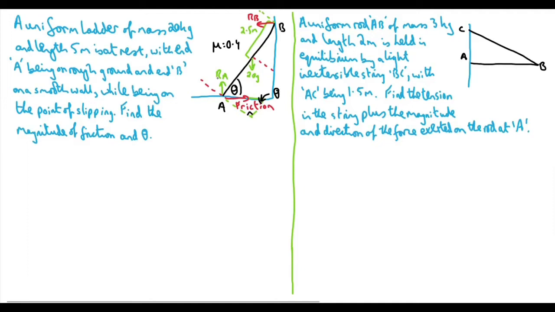Same as here, if we were to then continue this somewhat this way to make a right angle here, we could say that this angle here too is going to be theta, because this here would be a total 90, so this angle here would be 90 minus theta, and then because this is going to be 90 as well, 90 minus theta would leave us with this being theta as well.